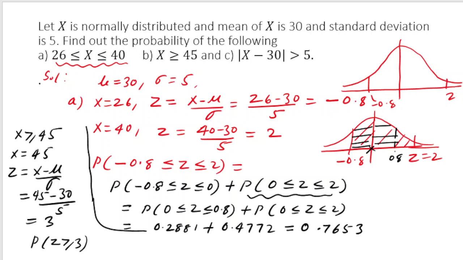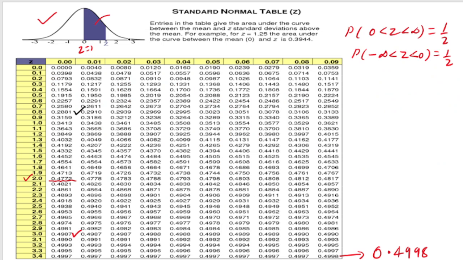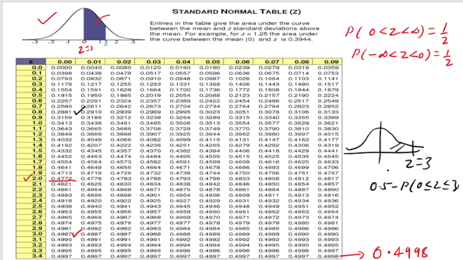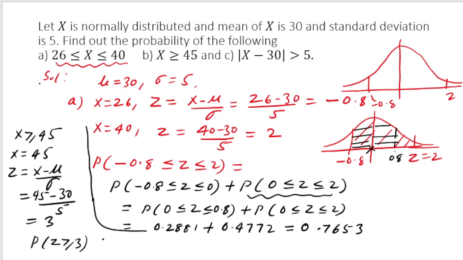And if I am using this table, probability for z greater than or equal to 3 means, for the normal distribution curve, if I look at this curve, this is z equal to 3, so I have to calculate the probability for z greater than 3. So from 0.5 I can subtract the probability for 0 less than z less than or equal to 3, because the total area to the right of 0 is 0.5. So this is equal to 0.5 minus probability for 0 less than or equal to z less than or equal to 3.